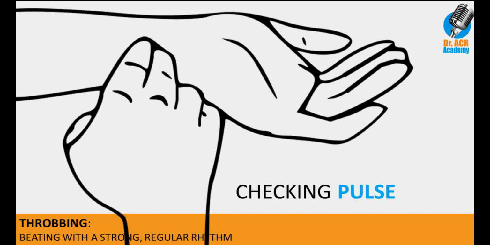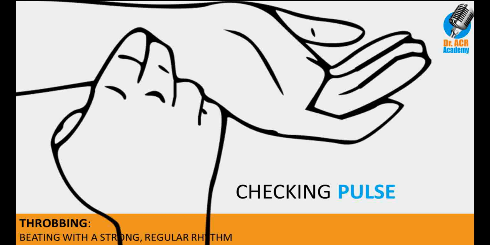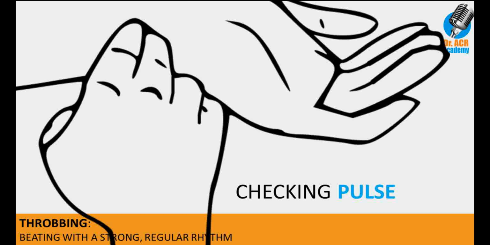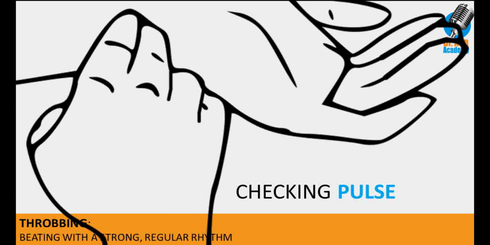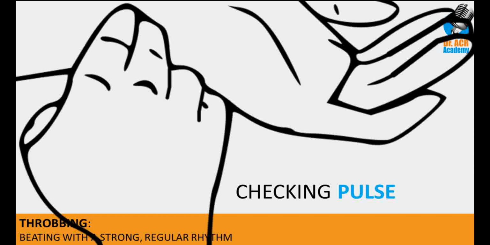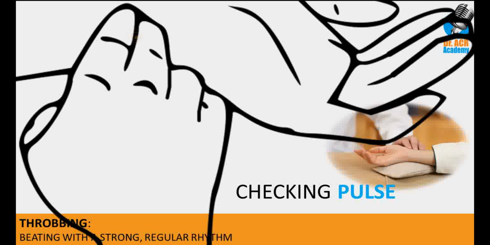Next, the most important feature of the circulatory system is the pulse. When you place the middle and index finger of your right hand on the inside of the wrist, you feel throbbing movements, a strong rhythmic beat, and that is called a pulse.